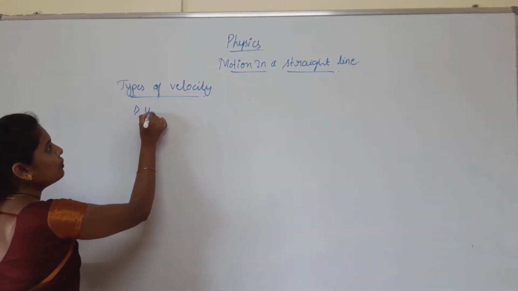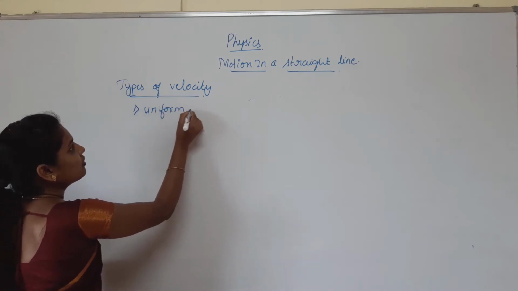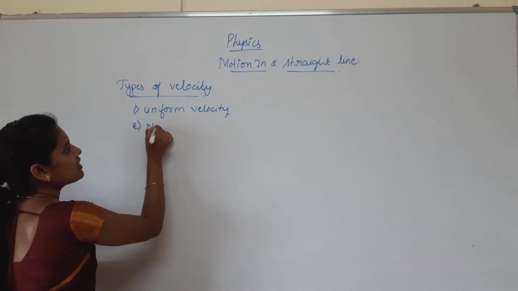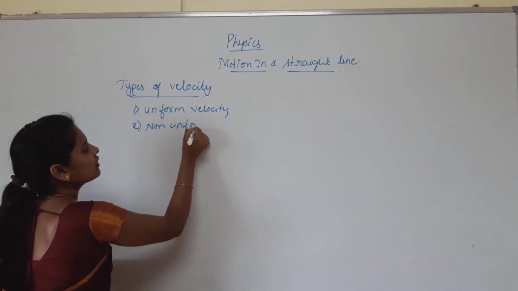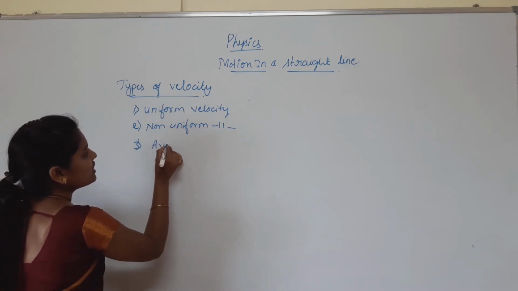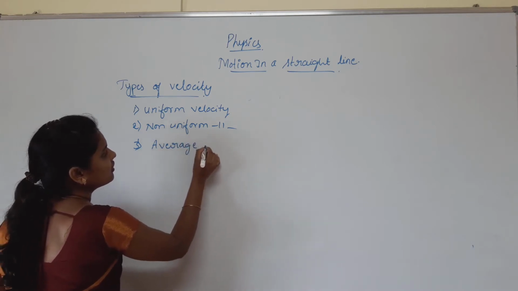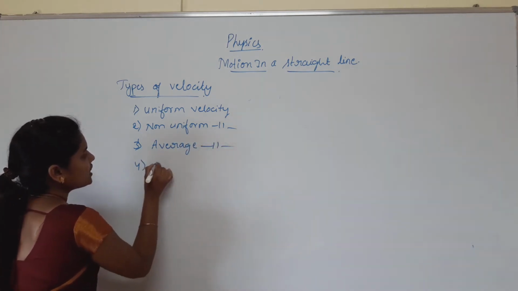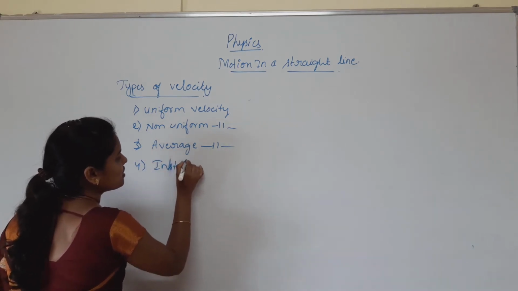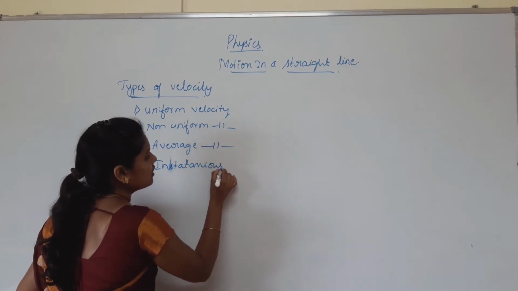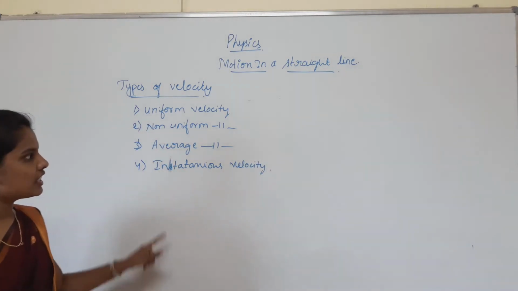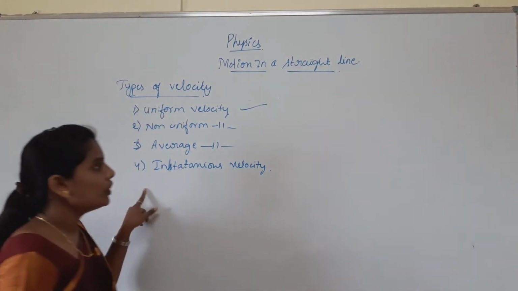First is uniform velocity, second is non-uniform velocity, third is average velocity, and the last one is instantaneous velocity. These are the 4 types of velocity. First we are going to talk about the first one, uniform velocity.